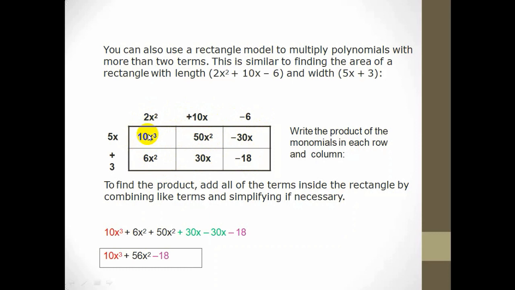One term represents one column, another term represents another column, and the third term represents the third column. Similarly, if a polynomial contains three terms, then you have three columns. And if another polynomial contains two terms, then you have two rows. This polynomial contains three terms, so construct three columns.